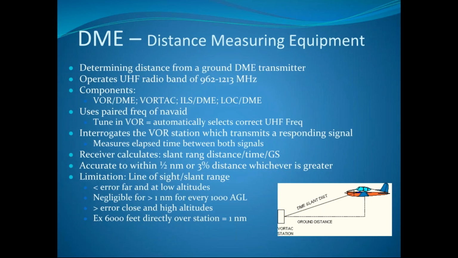Just as an example, 6,000 feet directly over the station equals one. You'll see a 1 DME on your instrumentation. So it's accounting for your distance vertically over the station.